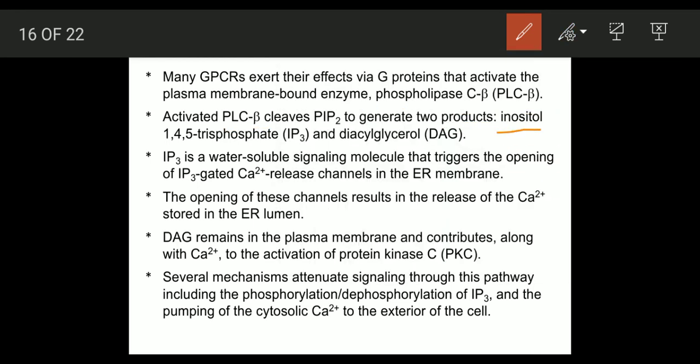They are inositol 1,4,5 triphosphate, that is IP3, which is also a second messenger here, as cAMP is, and another one is diacylglycerol.